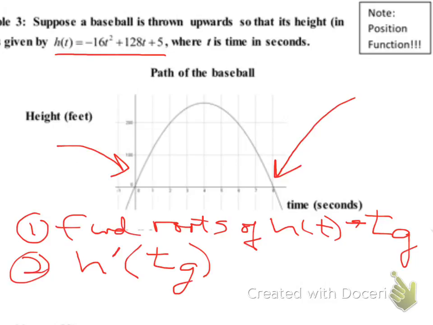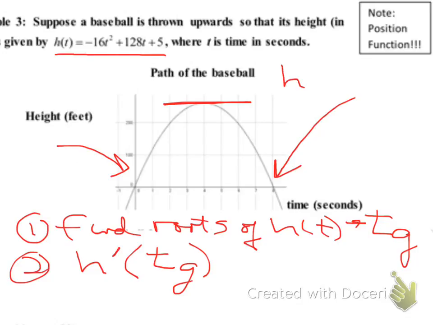Okay, a second popular question is, where is the velocity 0? So it's not where it hits the ground. The velocity is 0 where the slope of the tangent line drawn to this curve is 0, and that's going to be at the max. So how do you know the max?